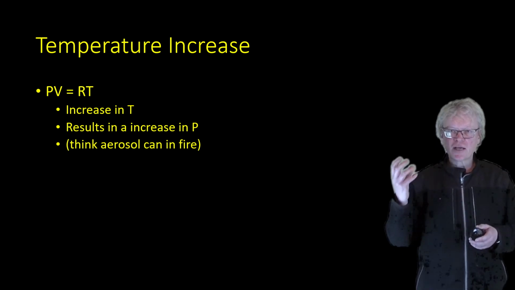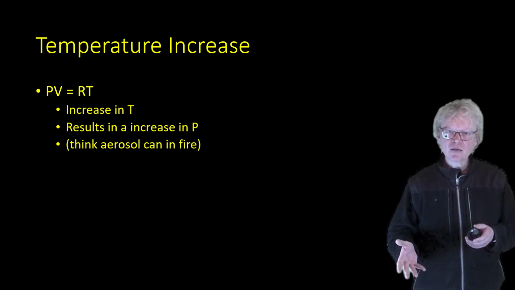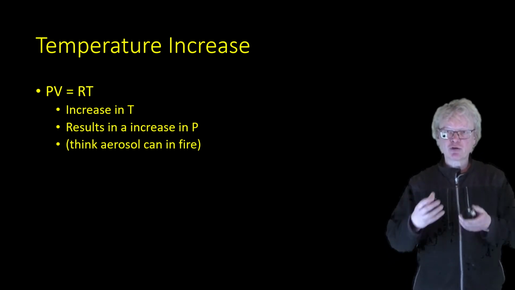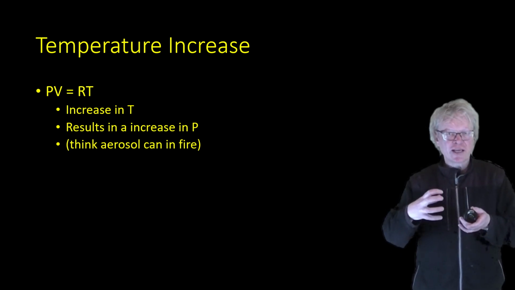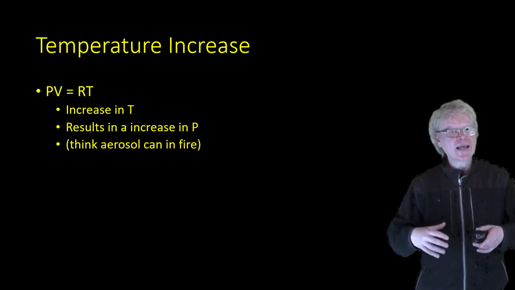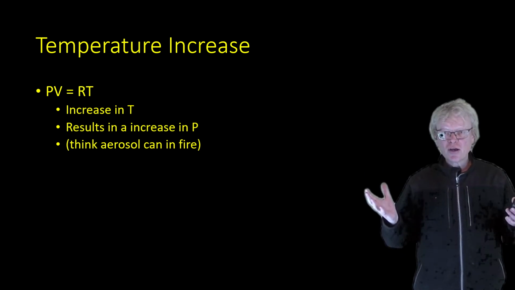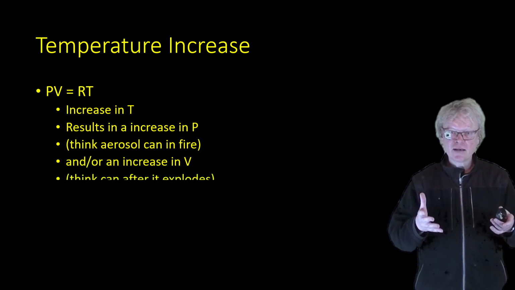That balances it out. Increase on one side, you have to increase the other side. The example is, you take an aerosol can, don't ever do this at home, you throw it in a fire, you're increasing the temperature of the gas in that can. Well, what happens? It increases the pressure inside that can. You know that happens because eventually what happens? It explodes, and then suddenly the ideal gas equation comes in again.